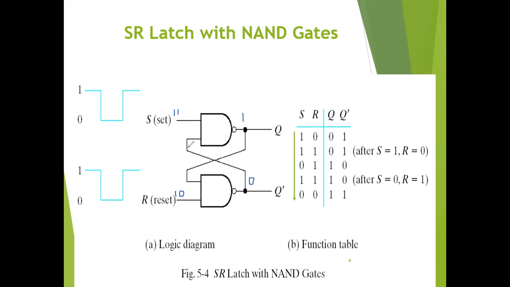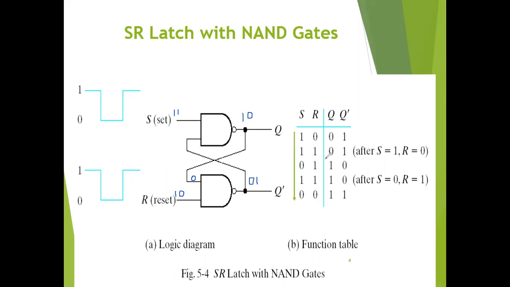When these both inputs are 1 1, the output will be equal to 0, and this 0 will cause this input change to 0, and the output will go to high state. And so the state of the latch will be changed from 1 0 to 0 1, and it will remain in this state as long as both the inputs are 1 1.